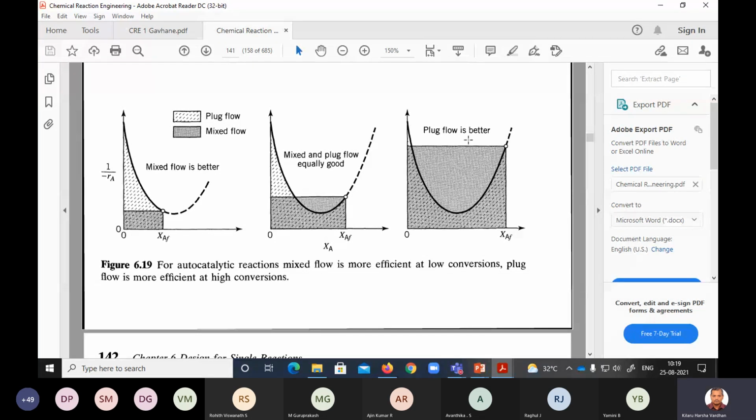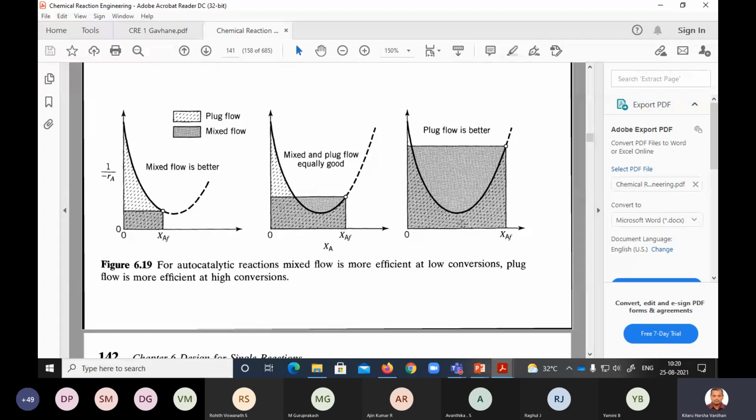So what I do is, instead of one PFR, because I know the maximum rate, at this particular point I draw a rectangle. Then what will happen?